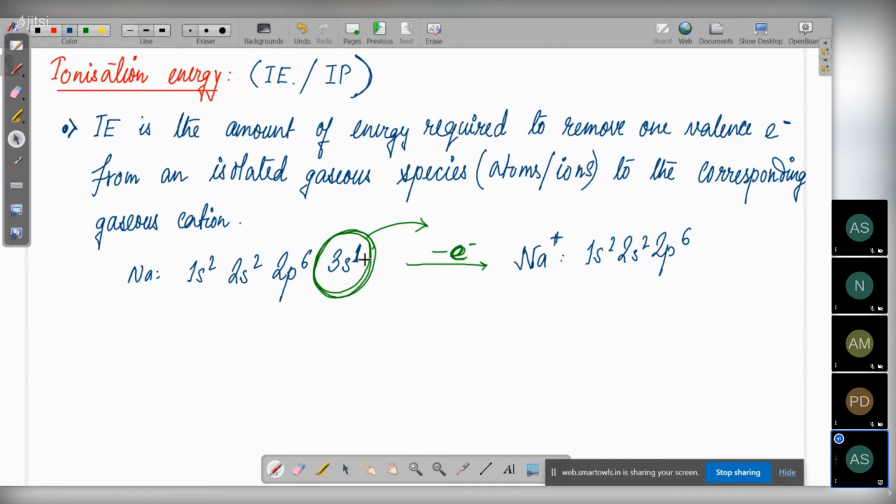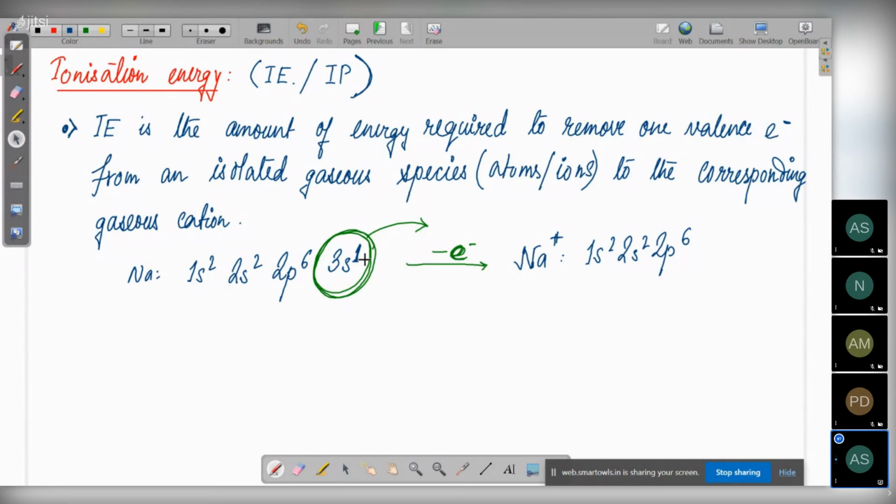And the energy required for eliminating the valence electron is called the ionization energy. Is it clear to everyone? Yes, sir. Ionization energy means the energy required to remove the last electron. If I want to remove the last electron, then the energy that has to be supplied is called the ionization energy. Okay, that's it.